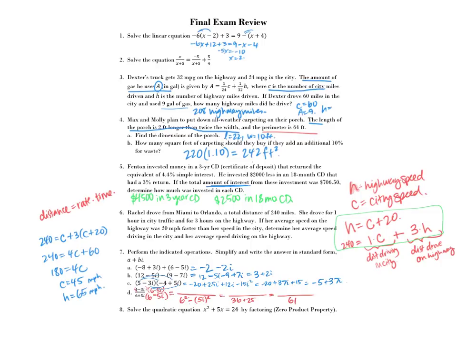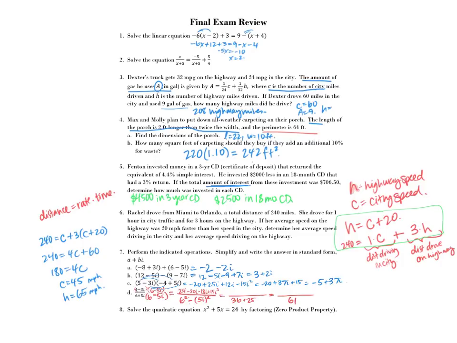Okay, and on the top, I'm just going to multiply these out. So 4 times 6 is 24. 4 times negative 5i is minus 20i. Negative 3i times 6 is negative 18i. And then negative 3i times negative 5i is positive 15i squared.